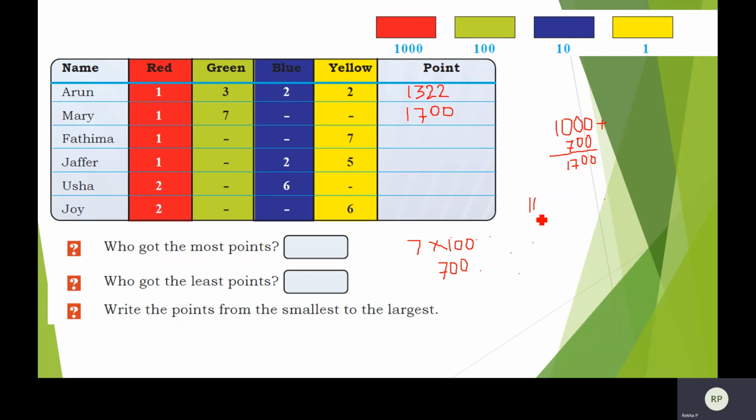Okay, one red card, so 1000. And then 7 yellow cards. 7 yellow cards means only 7 points, since a yellow card is 1 point. There is no green card and no blue card, so those are 0. And only 7 yellow cards.